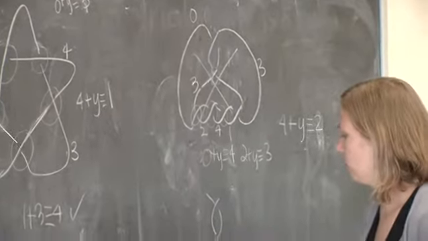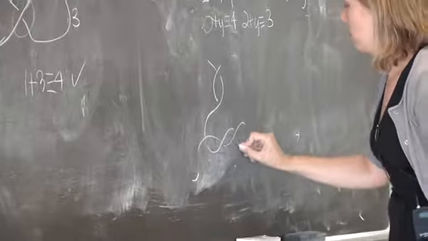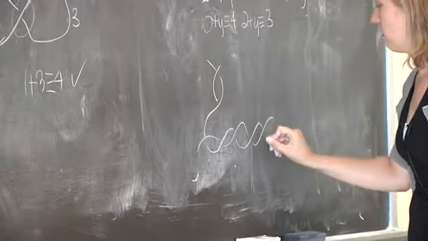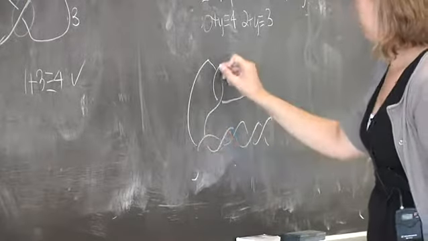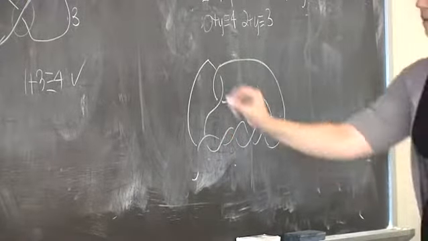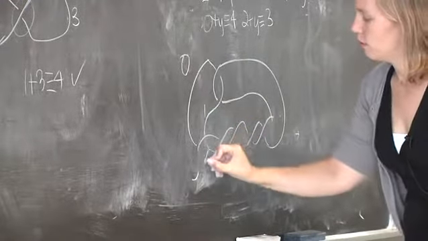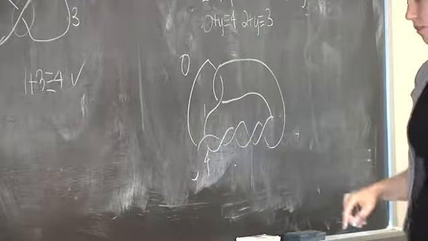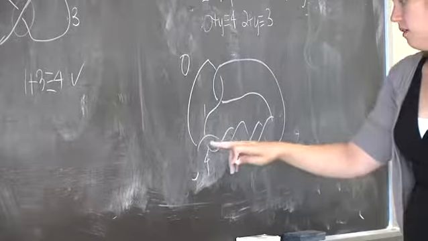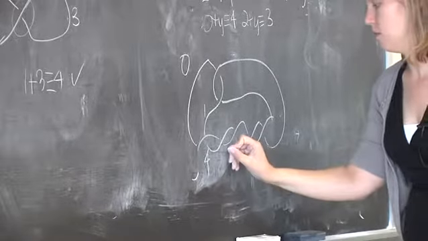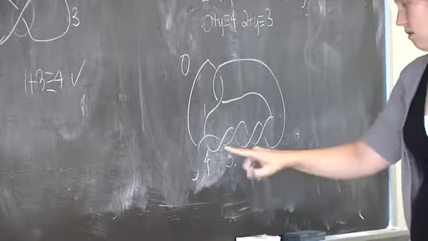If I can draw this knot again. It's not as pretty this time. But okay, so I chose 0, and now I'm going to choose 1 and 4. I can go through all this again. So this has to be 0, that one has to be a 3.